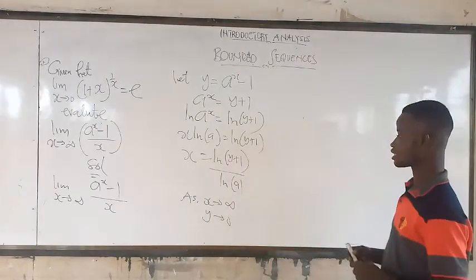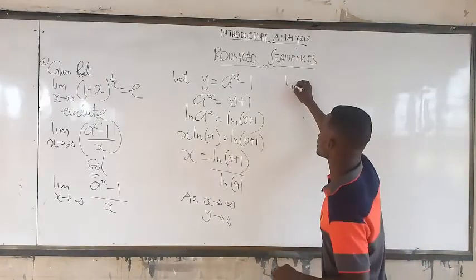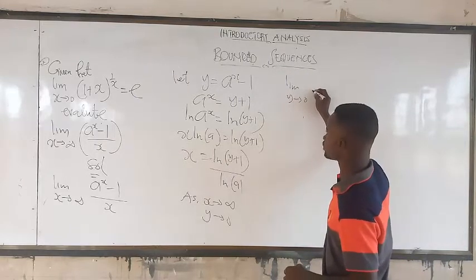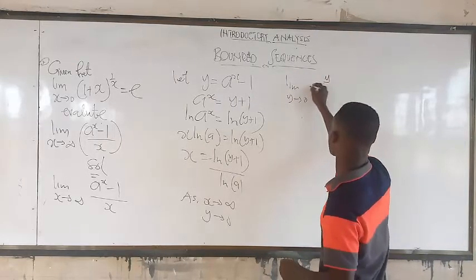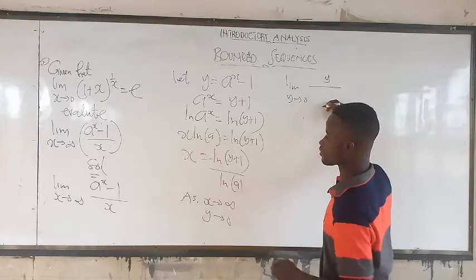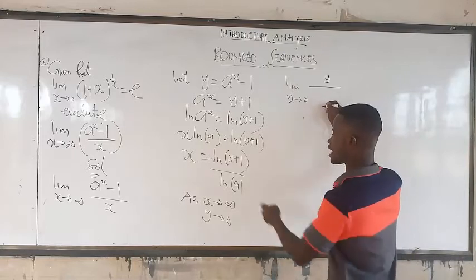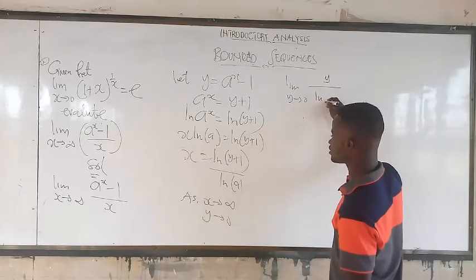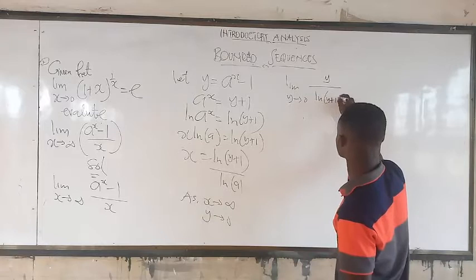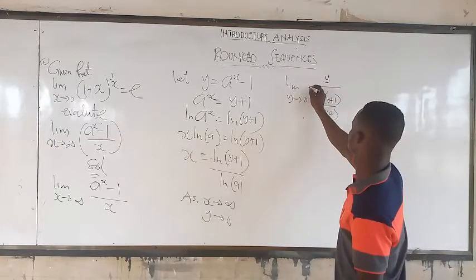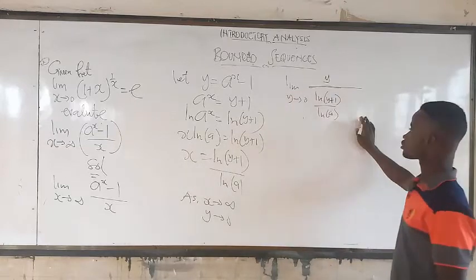So having this, then by substitution we get the limit as y approaches 0 of y over x, and x is ln (y plus 1) over ln a. Alright, so that is x.